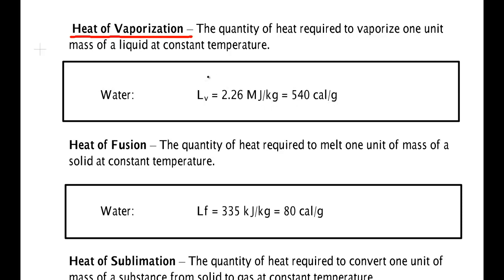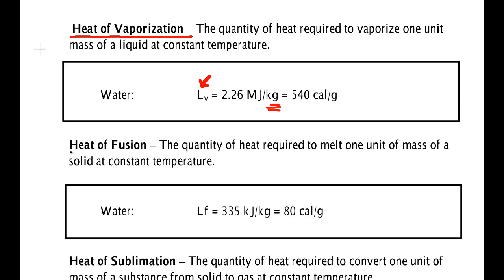This is the amount of energy required to break all of the water bonds in 1 kilogram of water. It takes 2.26 megajoules. If you're converting from steam back to water, then you will release 2.26 megajoules for each kilogram of water you produce.